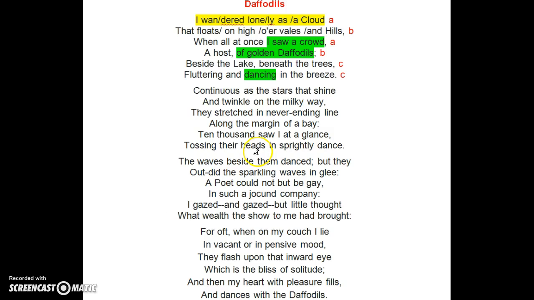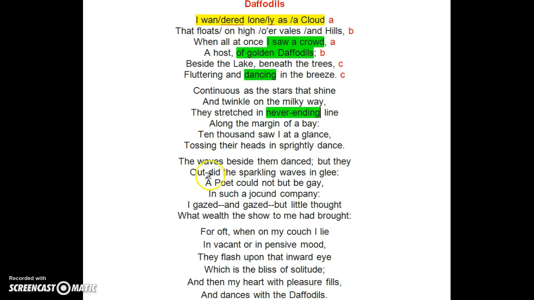In line 9, the speaker says that the line of daffodils is never ending. But we know this can't be strictly true. All good things come to an end, and so in this specific word there is an example of hyperbole or exaggeration.